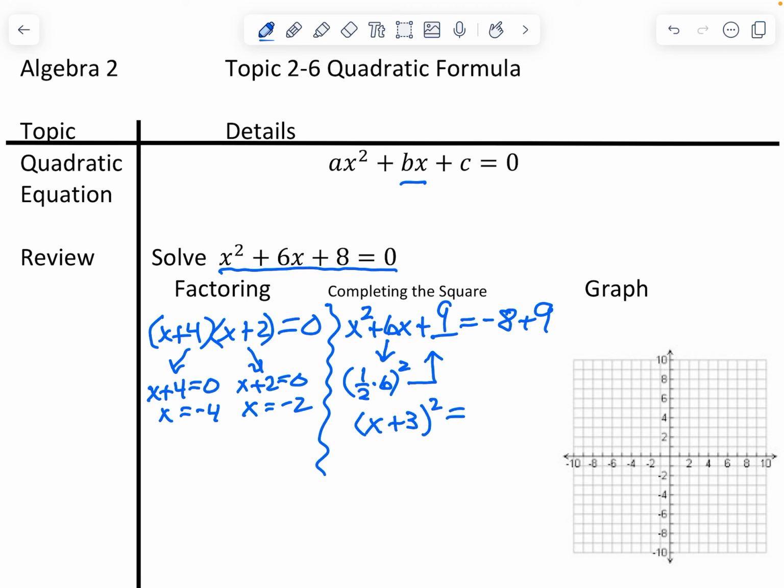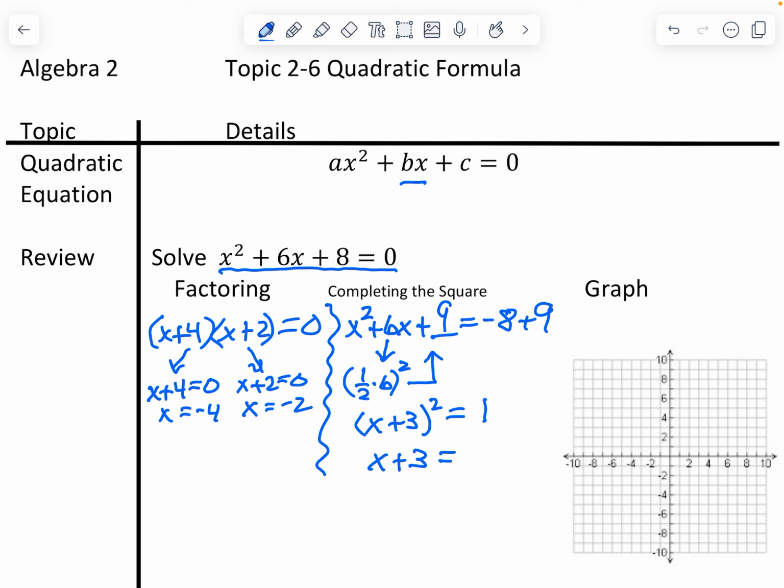That was completing the square, or making it into that pattern where it's a perfect square. Negative 8 plus 9 is equal to 1. Now when we have a perfect square equal to 1, we can use the square root property to square root both sides. So we get x plus 3. We don't have the absolute value, we just skip right to that.